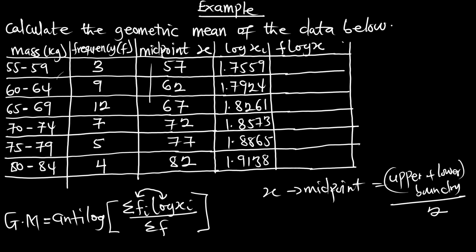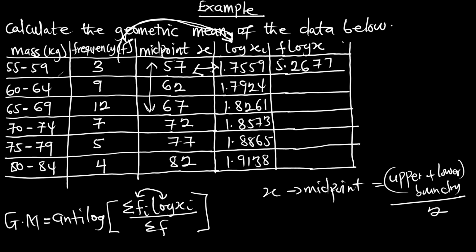Are we okay? So now let's multiply the frequency f by the log x. So that is going to be 3 multiplying 1.7559, and that is going to give us 5.2677. Please pay attention so that you don't multiply the x by this. This is wrong. It is rather the f multiplying the log x. So this is going to give us 0.2677.